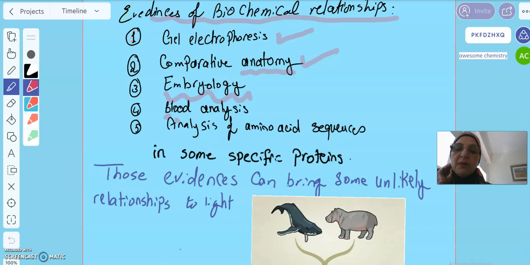Number 4, blood analysis. Also, they look for blood grouping or the type of blood pigment. The organisms that have similar blood pigments, they also put them in the same taxonomic groups. Analysis of amino acid sequences. Also, scientists were looking for certain types of amino acids.